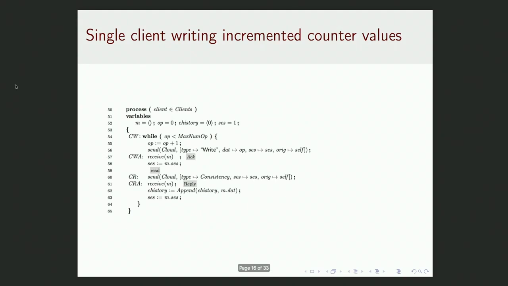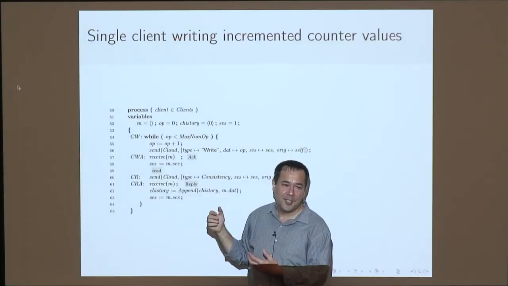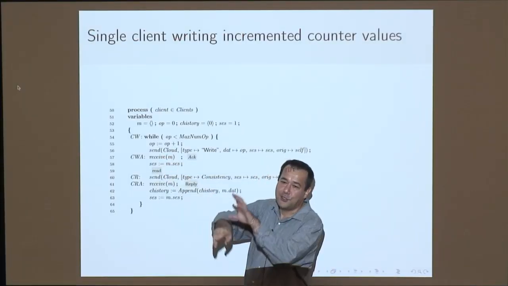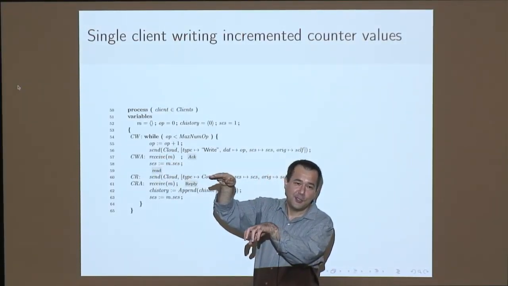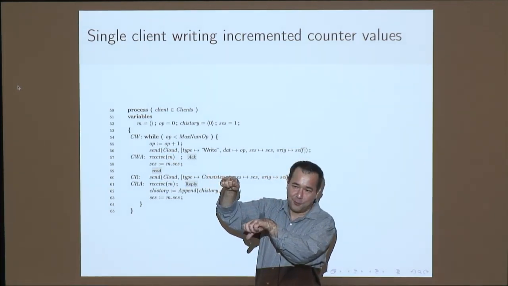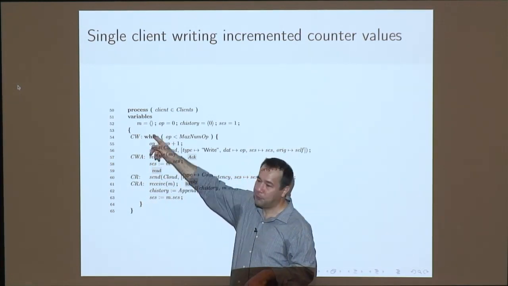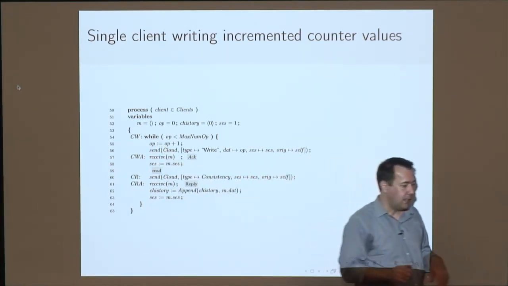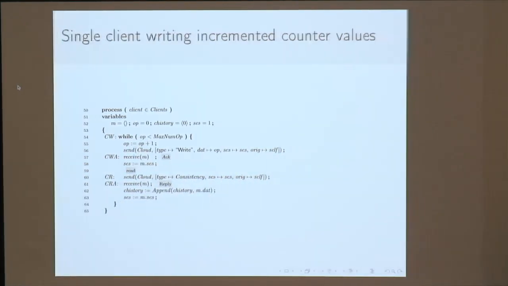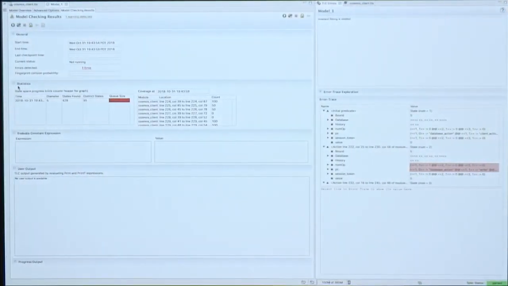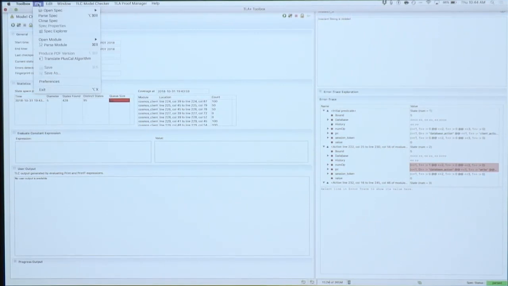Because even with a single client, if I write something, now my C history and the database history are at odds if I'm looking for strong. So I need to check it after my read before I write something. Right, so that's that. So let me actually go to the TLA+ toolkit.